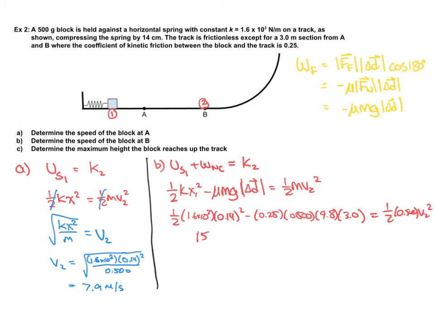So this first term here is the elastic energy. It's 15.68 joules. And we're going to decrease that by the work done by friction, which is 3.675 joules. And on the other side of the equation, I'll do half times the mass for now.